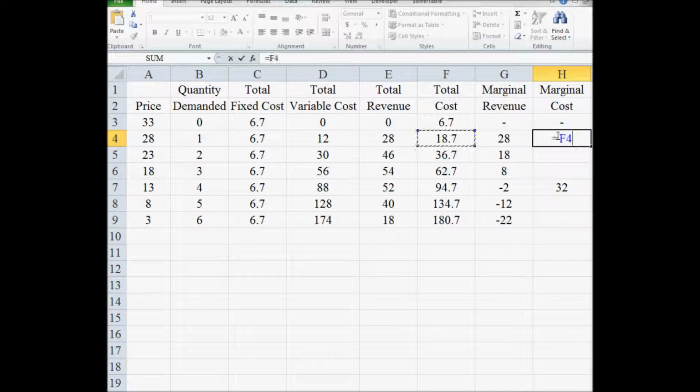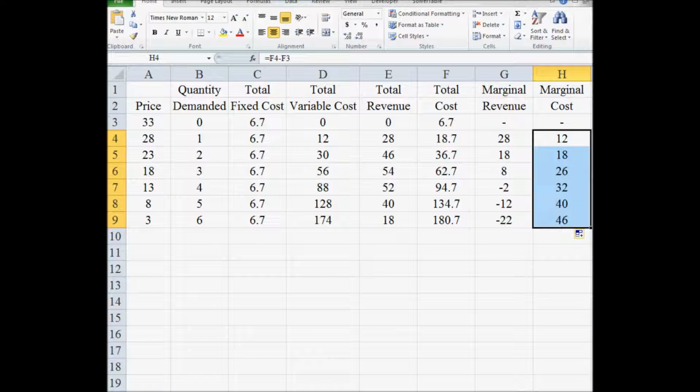Marginal cost is the change in cost for each additional unit produced, which rises. A profit-maximizing firm sets output such that marginal revenue equals marginal cost.